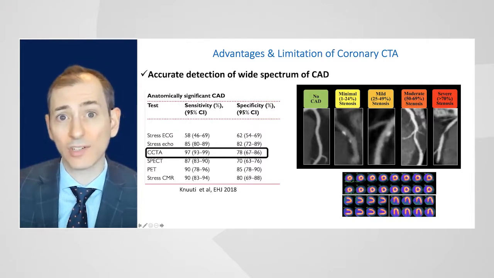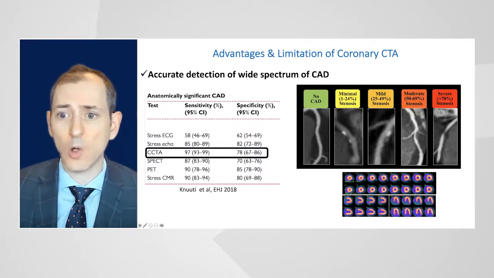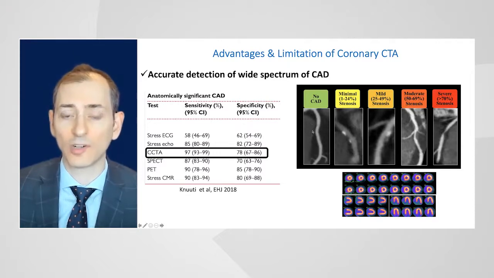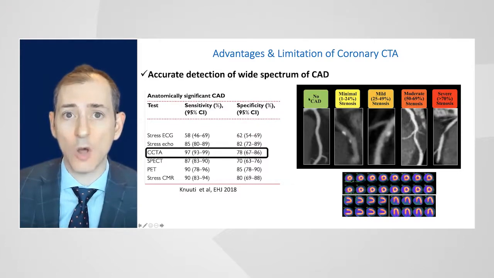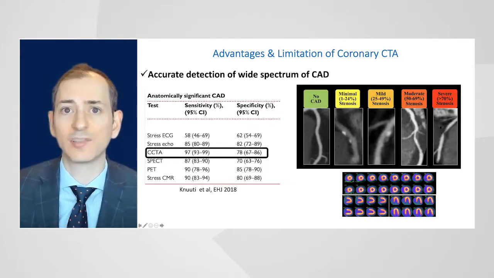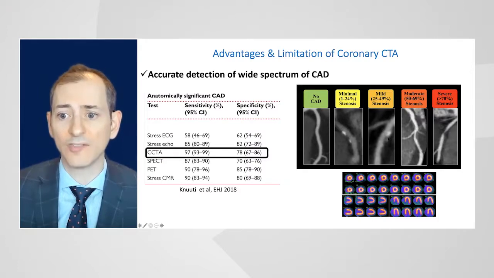But it's not just about detecting stenosis. One of the advantages of coronary CTA is really the ability to visualize the whole spectrum of coronary disease. So of course, on the extreme, we have a normal coronary CTA with no plaque or stenosis, or on the other end of the spectrum, severe stenosis. But there are many individuals that have diffuse plaque that's non-obstructive, whether it's minimal or mild stenosis.